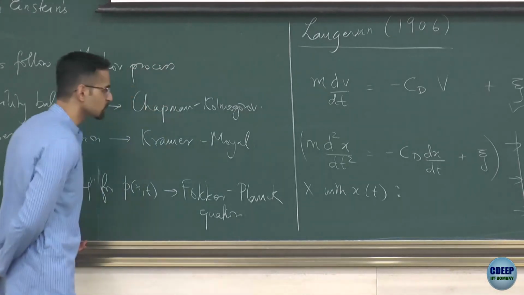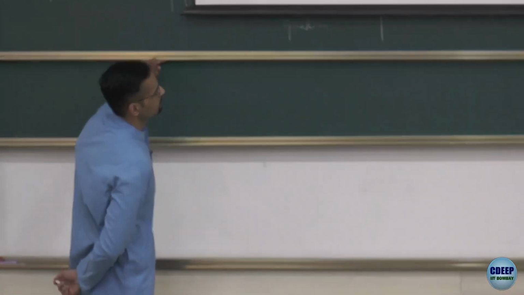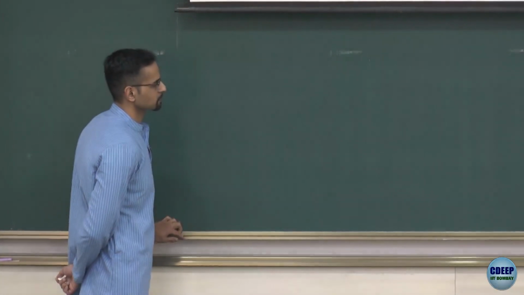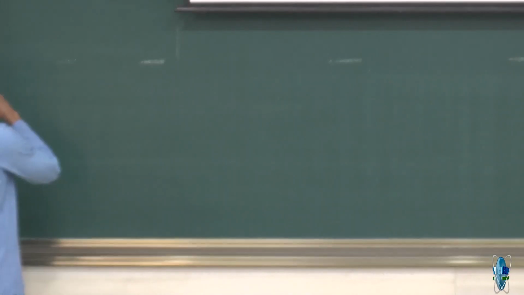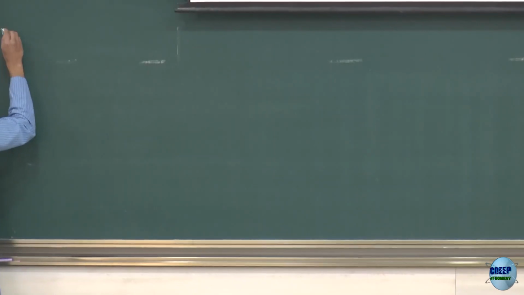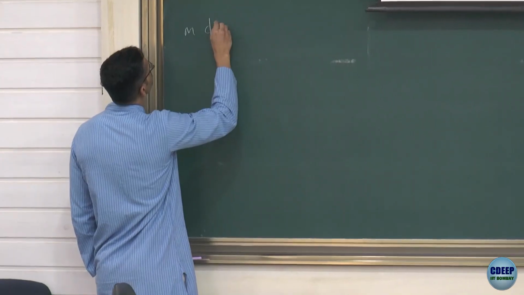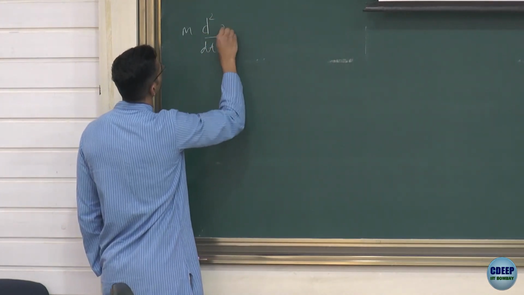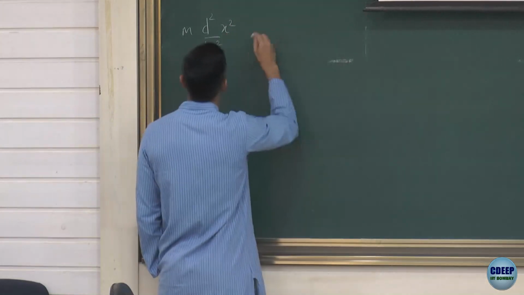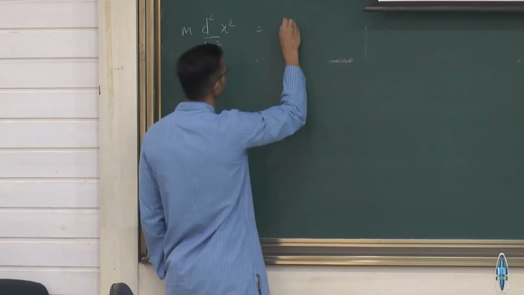Okay, so now let's put the pieces together. So there would be mv square here, which I will replace by kT.